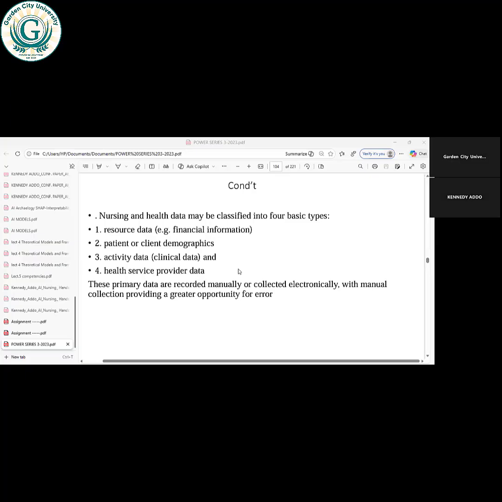But in this context, we can also see all the things that are administratively done, whether employee development, including capacity building, and all other relevant things other than the clinical activities, are considered health service provider data.